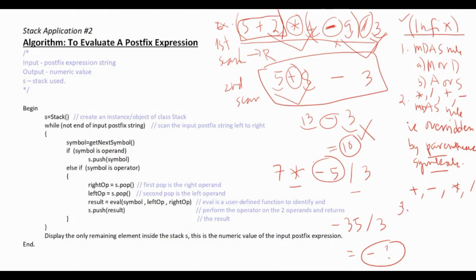Another characteristic of an infix expression is that you scan the arithmetic expression left to right more than once, like what we did a while ago. On the first scan, we perform all the multiplication and division, whichever comes first from left to right. On the second scan, we perform all of the addition and subtraction, whichever comes first, left to right.